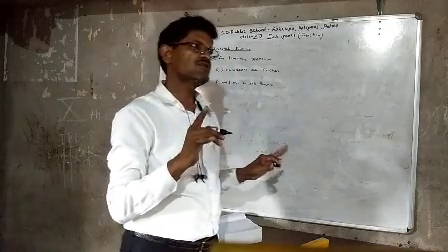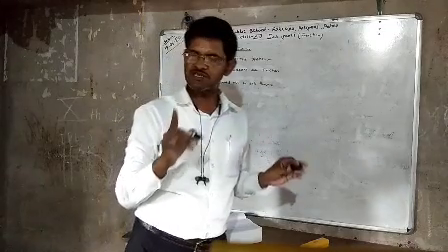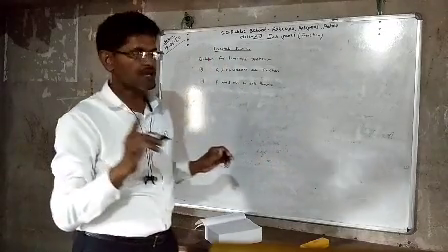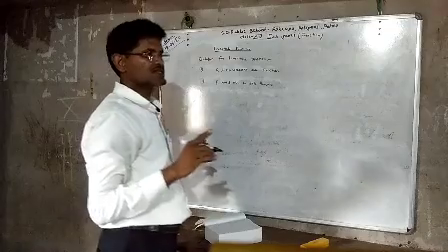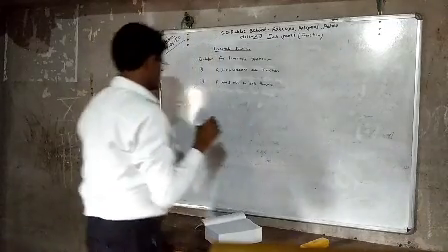For showing that a function is invertible, we have to show that the given function is one-one and the function is onto.